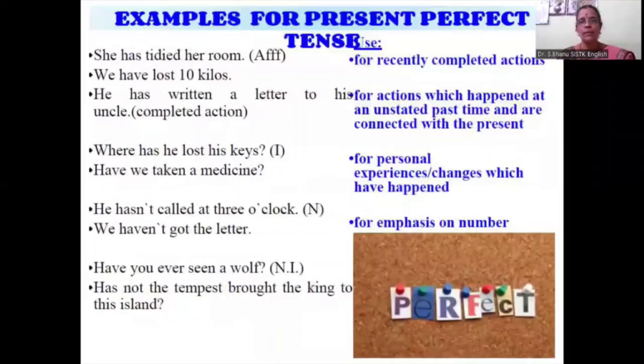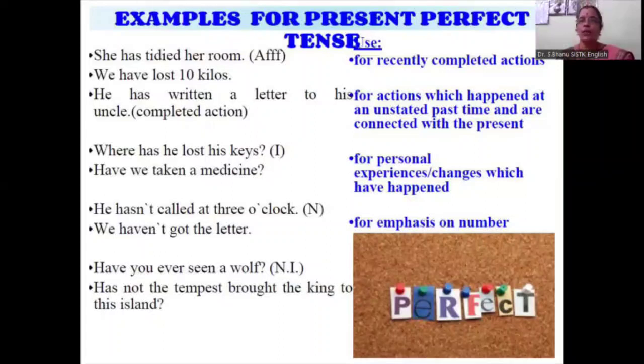Let us see the examples here. She has tidied her room. Or recently completed actions: we have lost 10 kilos. So the structure is has or have plus verb 3 plus object.